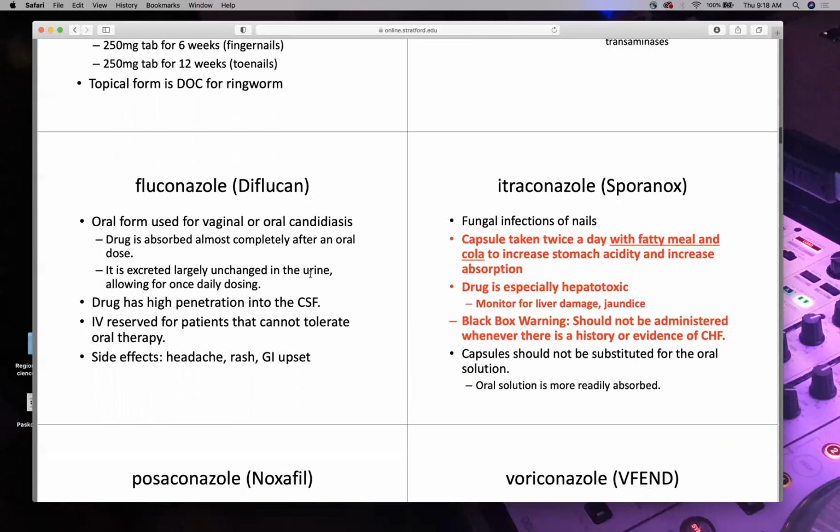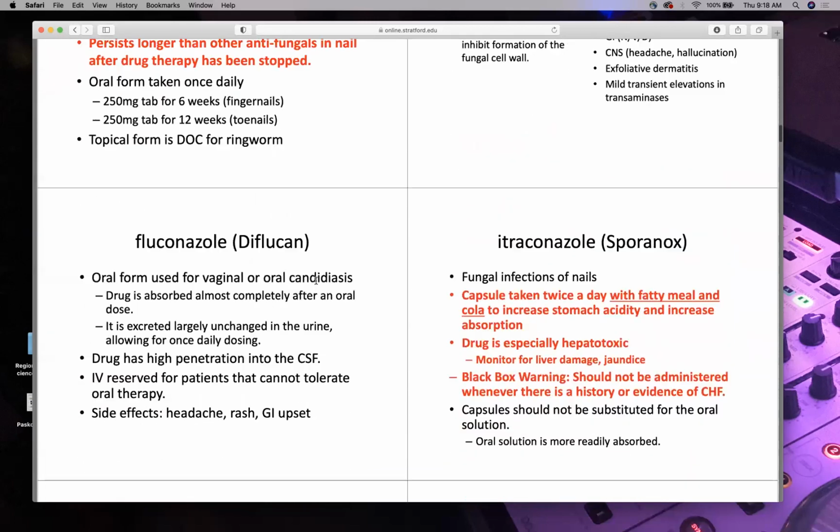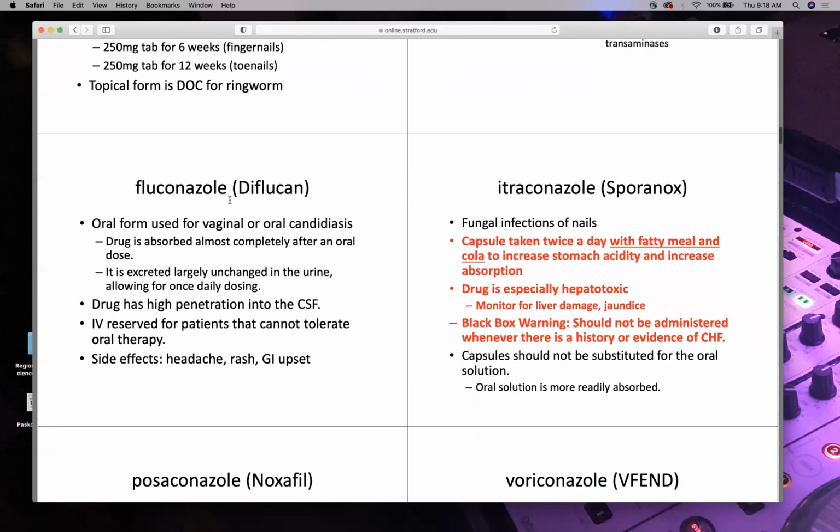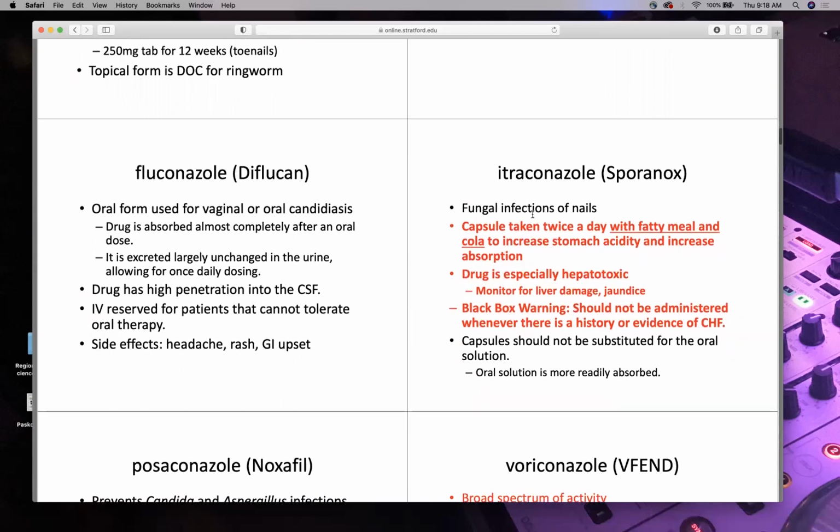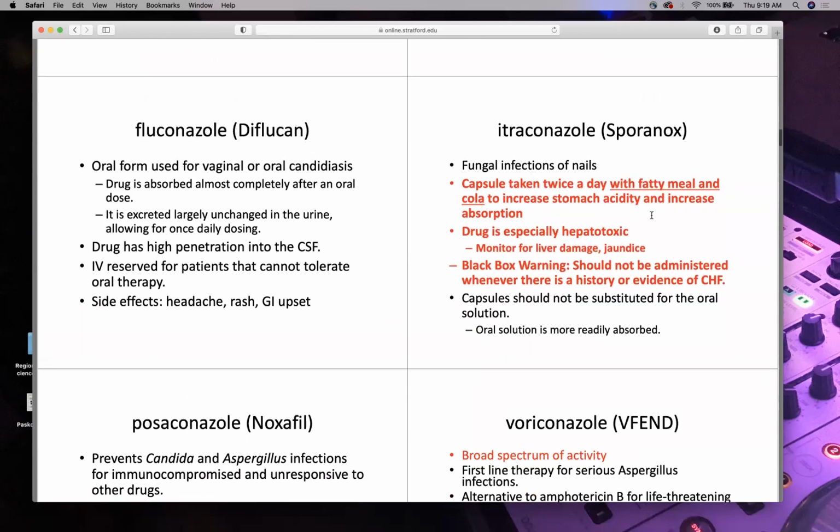You already know that that's an antifungal, okay? Fluconazole, oral and vaginal candidiasis. Again, I mentioned the mycotic agent Candida albicans, also known as thrush for oral, right? Maybe you've heard of that term. Itraconazole for nails, right? And you've seen that twice already.